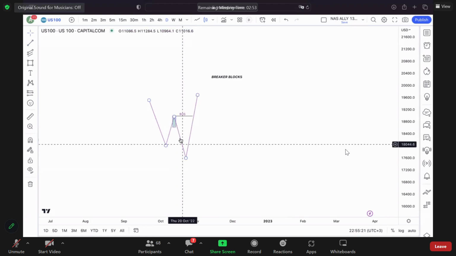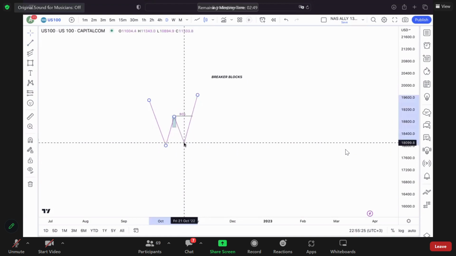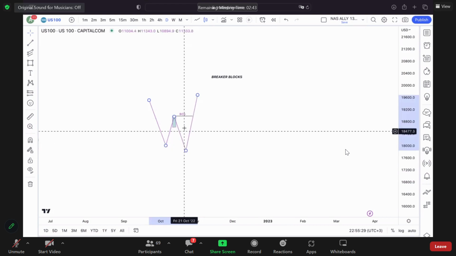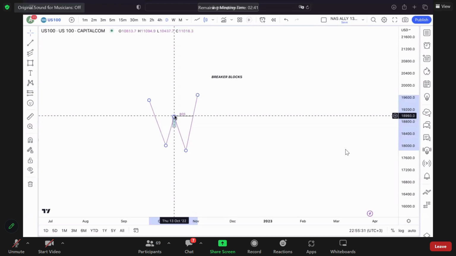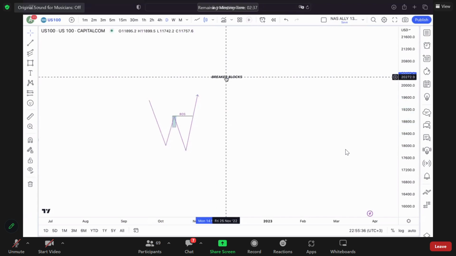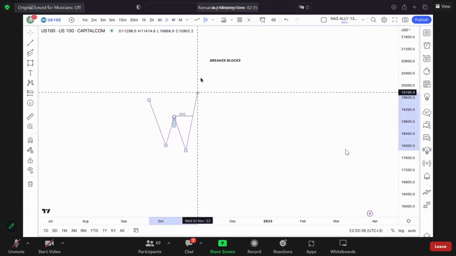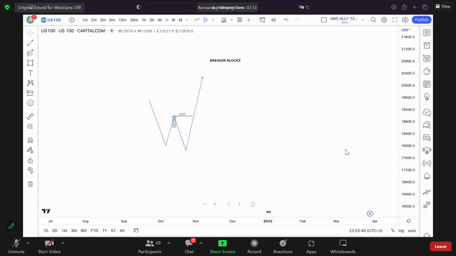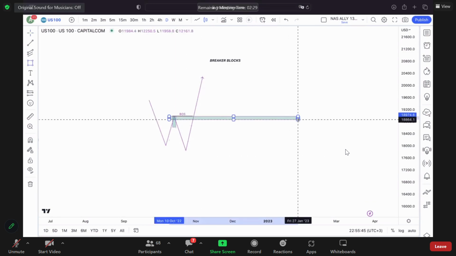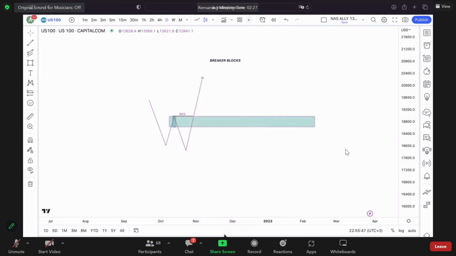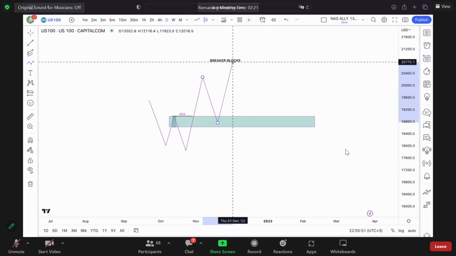This downward move doesn't have to take out this low. It can just grab liquidity. Most importantly, it has to break structure back above this candle. That is what makes this a breaker block. Now this becomes a pivotal point for the market to shift and push higher.